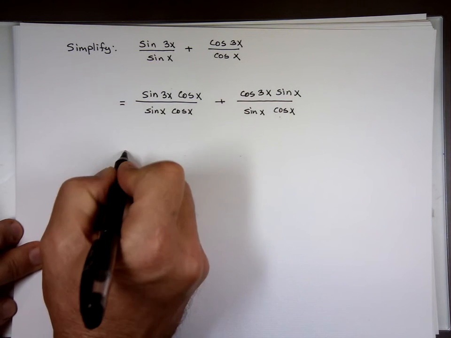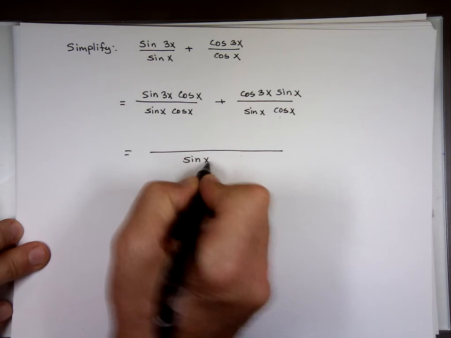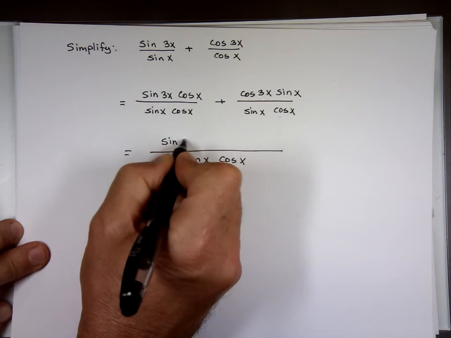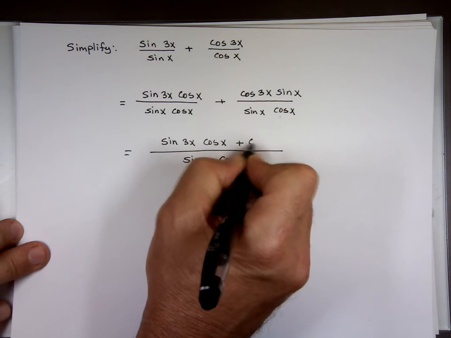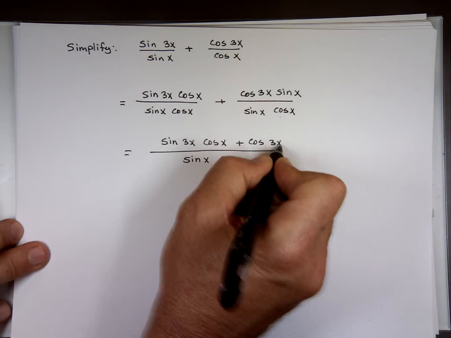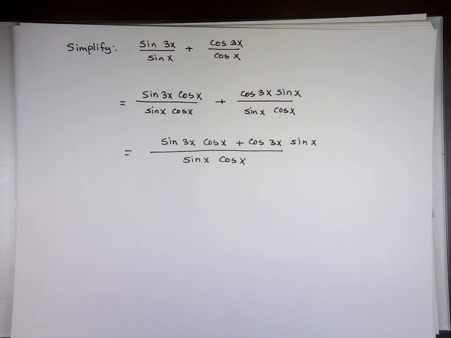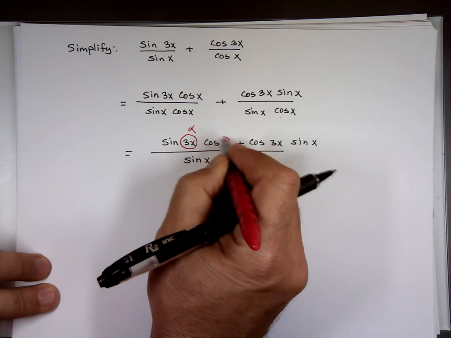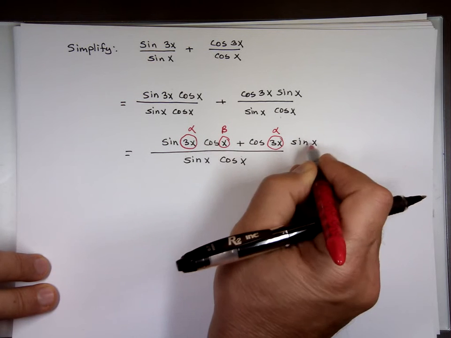Make it one fraction. I noticed something already. I don't know if you saw it. Sine 3x cosine of x plus cosine 3x sine of x. If you did the homework last week, let me call the 3x alpha. Let me call this beta.